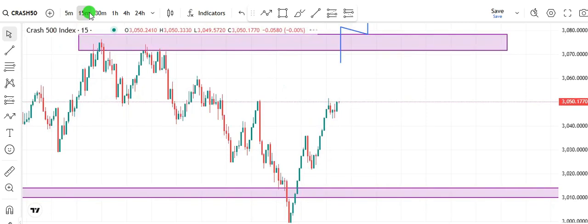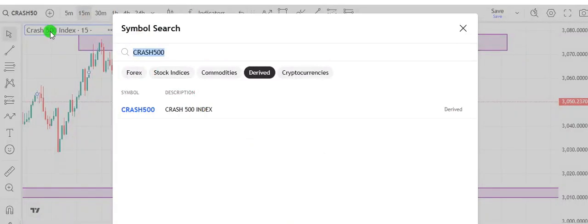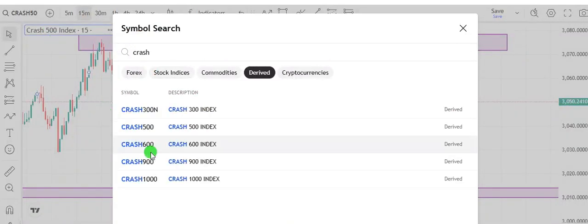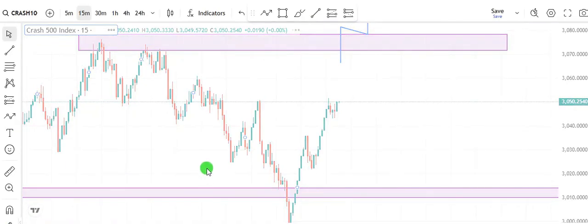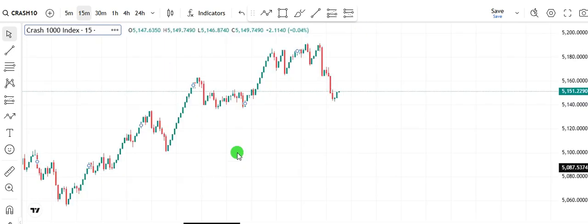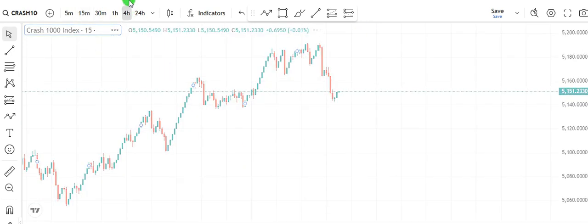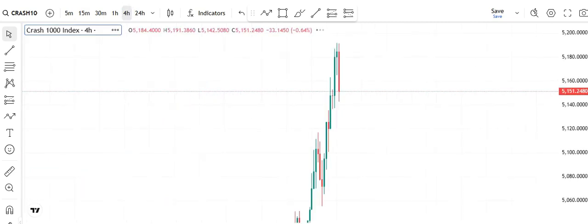So that's that for that. So let's go to the next one, which is the final one, Crash 1000. Alright, Crash 1000 is actually bullish.